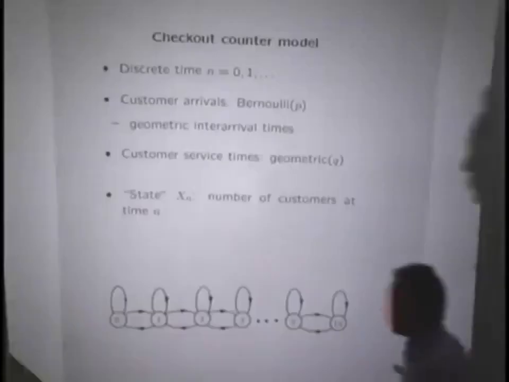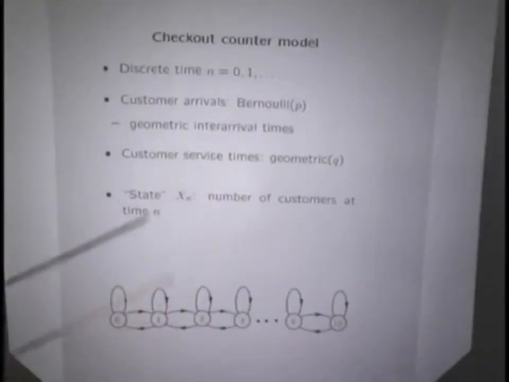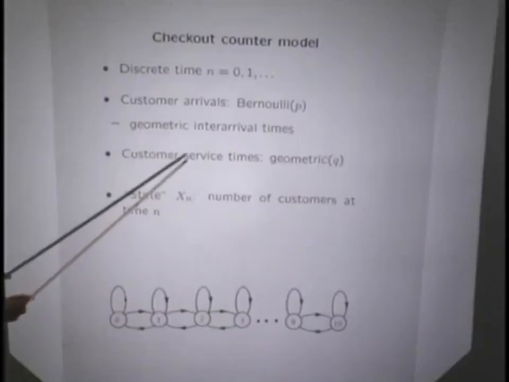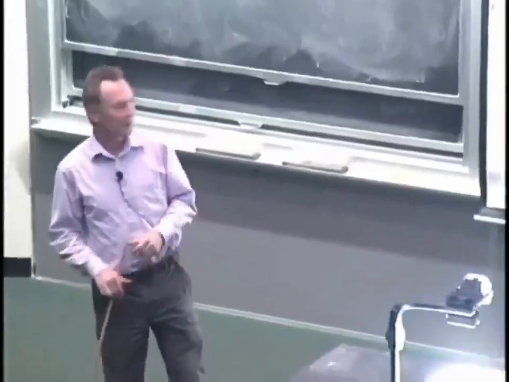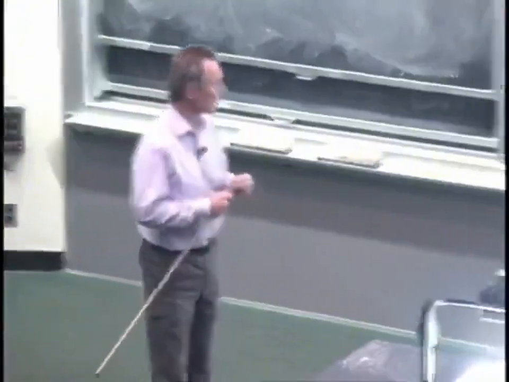An assumption that we're going to make is that the coin flips that happen here to determine the arrivals are all independent of each other. The coin flips that determine the end of service are also independent from each other, but also the coin flips involved here are independent from the coin flips that happen there. So how arrivals happen is independent of what happens at the service process.